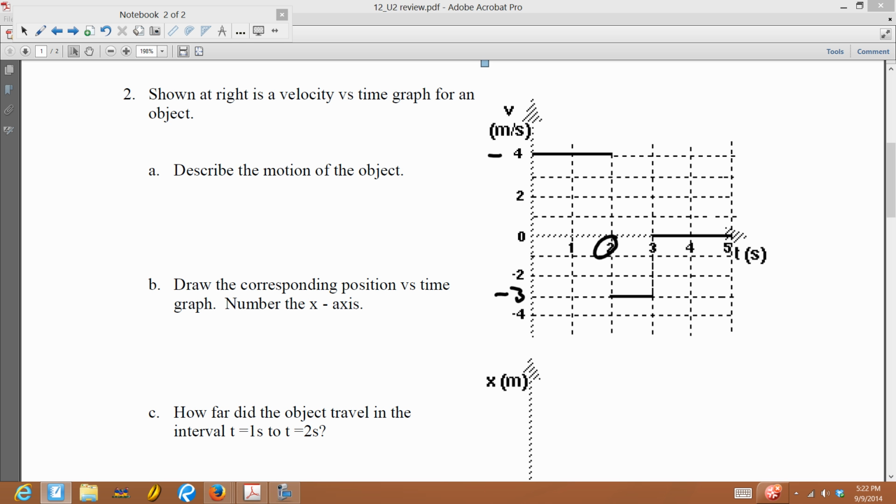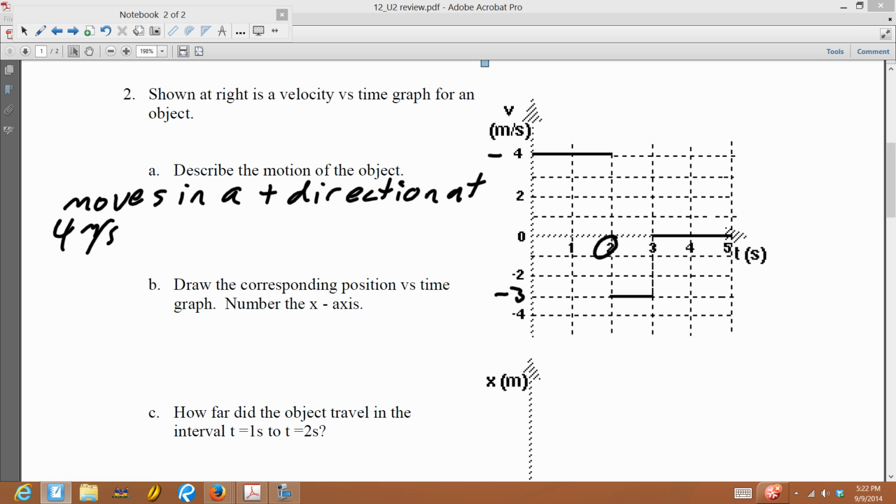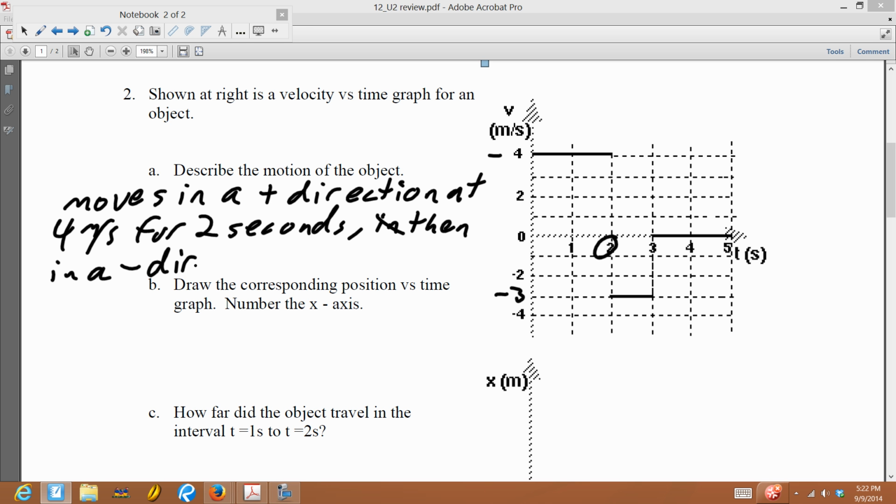So it asked me to describe the motion of the object. So I would say, okay, moves in a, I'm going to abbreviate positive with a positive sign, moves in a positive direction at 4 meters per second for 2 seconds, comma, then in a negative direction, I'll write with the word negative with a negative sign, negative direction at 3 meters per second.